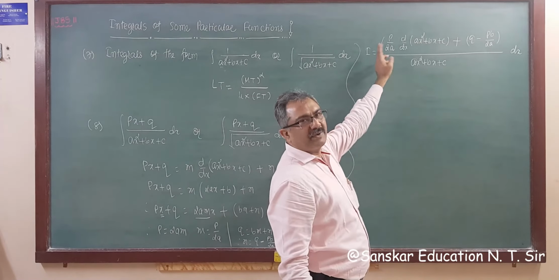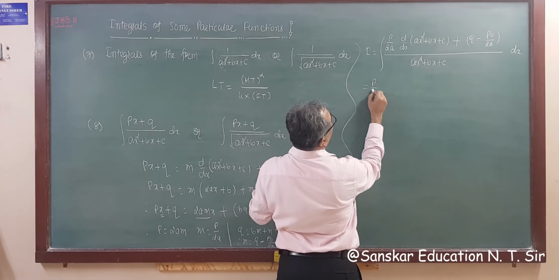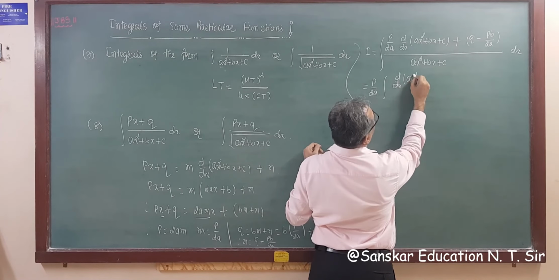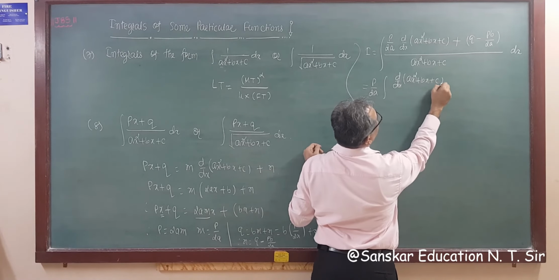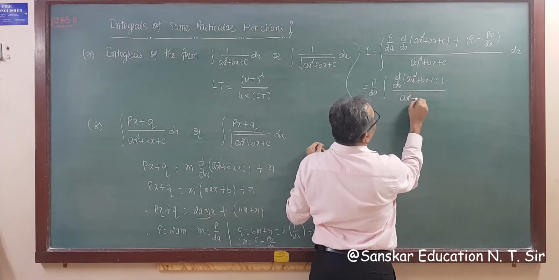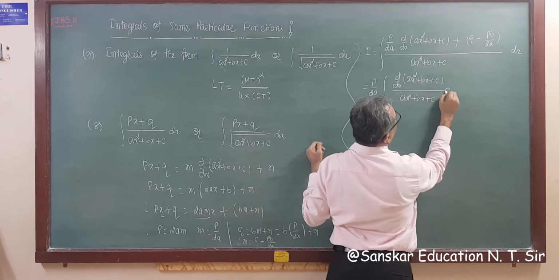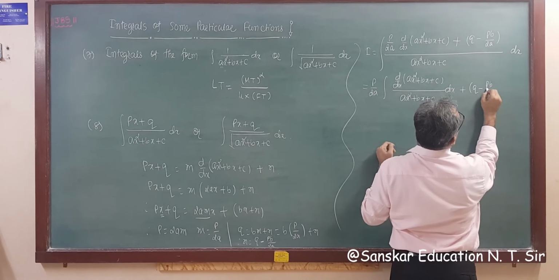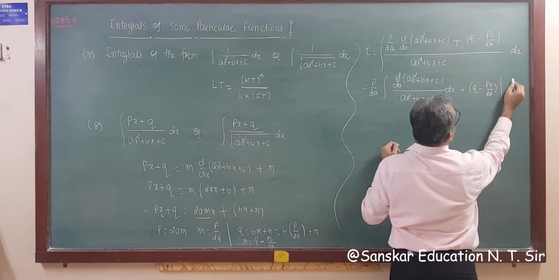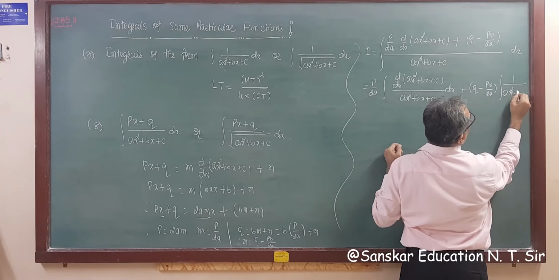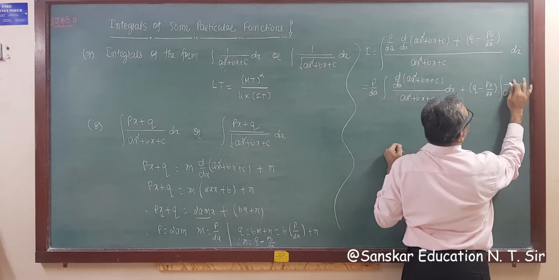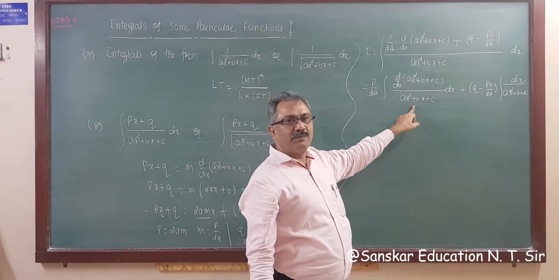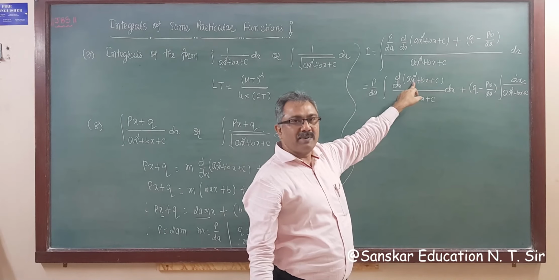Now separating this, what we get: p upon 2a is a constant, times the integral of d/dx of (ax square plus bx plus c) upon ax square plus bx plus c, dx, plus q minus pb upon 2a is a constant, times the integral of 1 upon ax square plus bx plus c, dx. The derivative of the denominator is in the numerator, so apply the log formula.